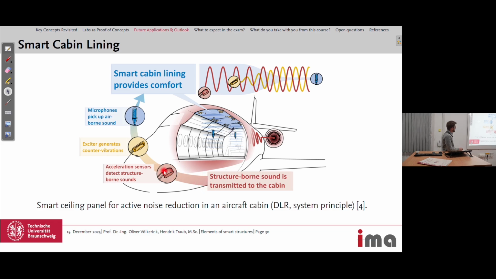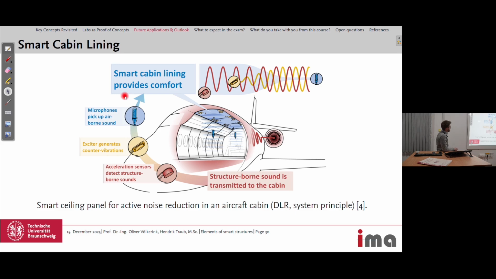This structure-borne sound is detected with acceleration sensors, and like we saw in the lecture today on active vibration control, we use exciters to generate counter vibrations. In addition, microphones were installed in the cabin to pick up the airborne sound, so really the noise the passengers would hear.